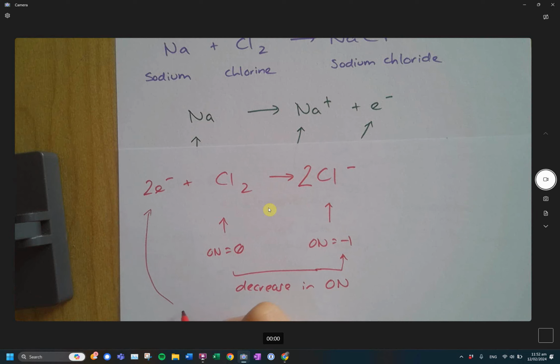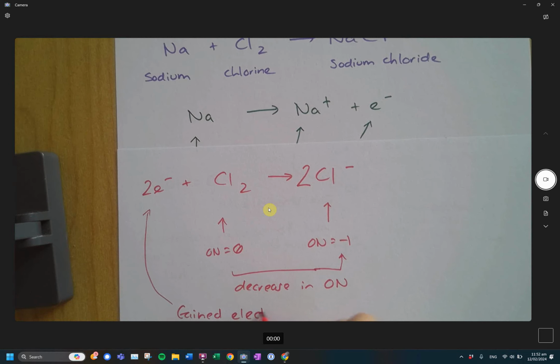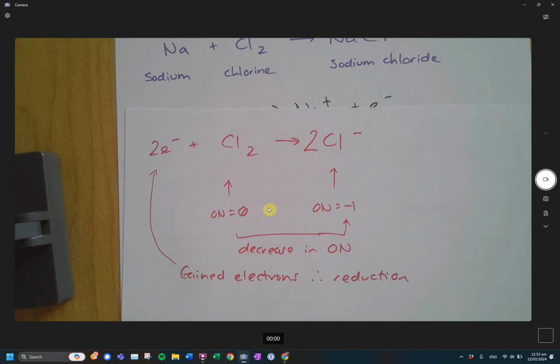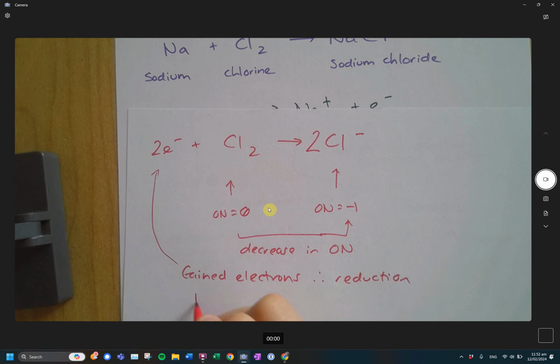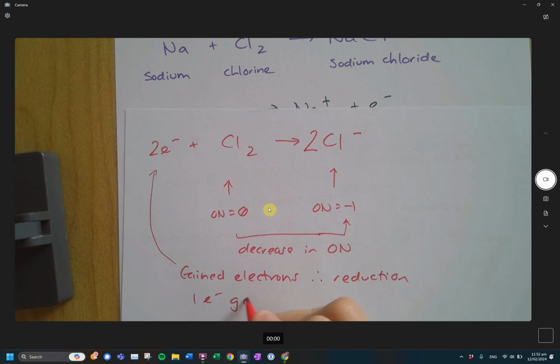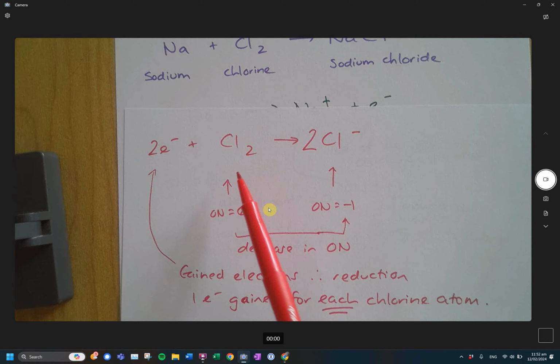So we have gained electrons, therefore we have reduction. And in fact, there is 1 electron gained for each is the important word, chlorine atom. So since I have 2 chlorine atoms, each one is gaining 1.